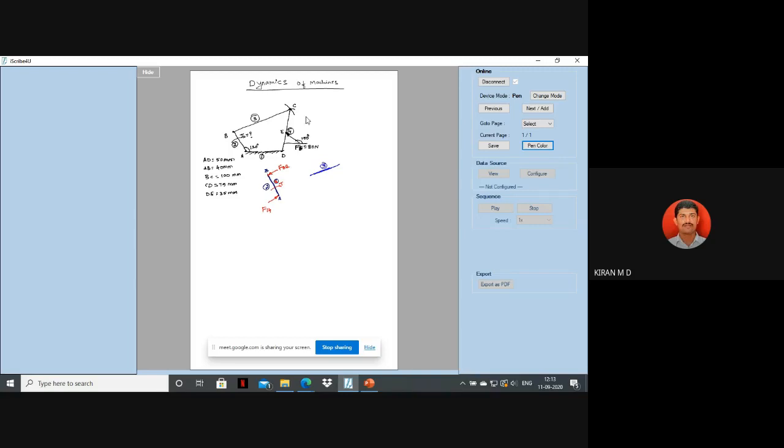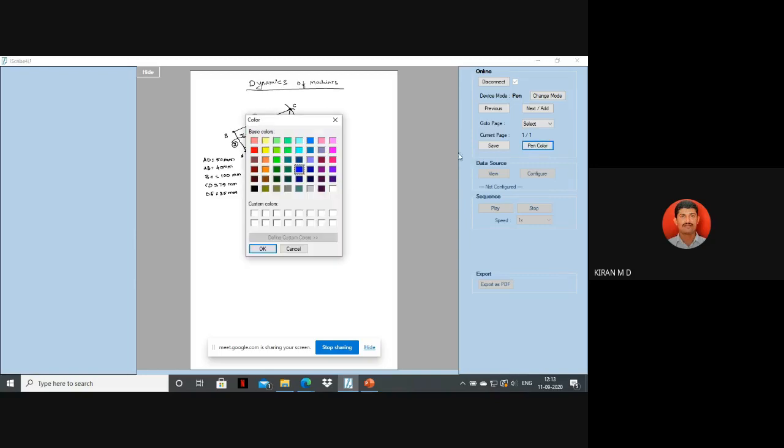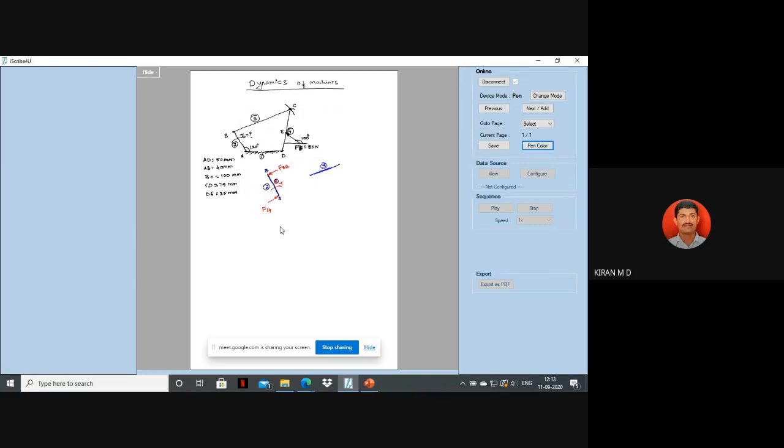We know that here F32 is acting, so force will act from here. That force I will consider. This is B and this is C. From this point, it undergoes force from link 2 on link 3. Both are equal. F32 is equal to F23.